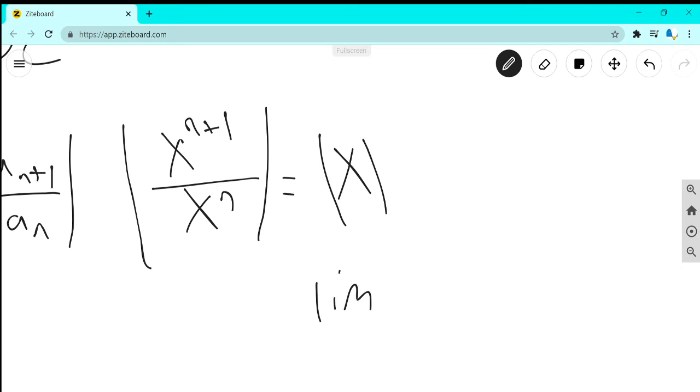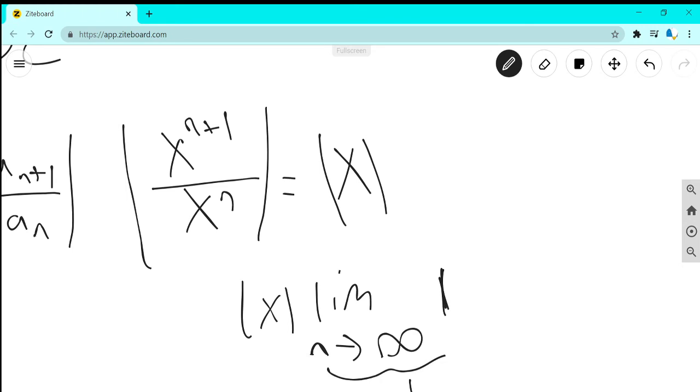Remember, we're taking the limit as n approaches infinity, and anything that is not the variable n can be a constant and goes outside the limit. Because we took that out, it becomes 1 here, and as n approaches infinity it's still 1.